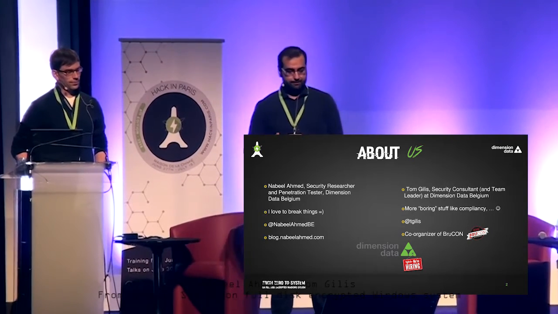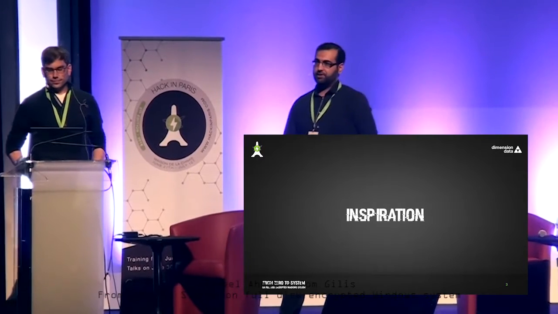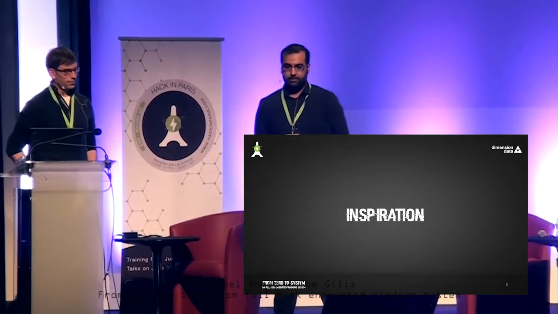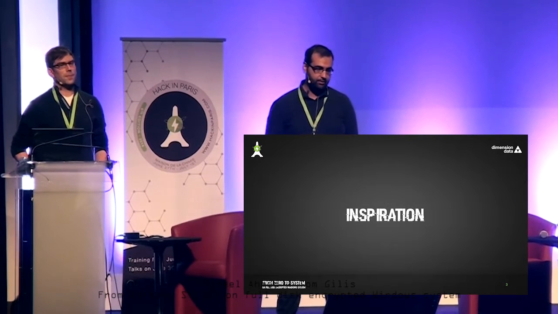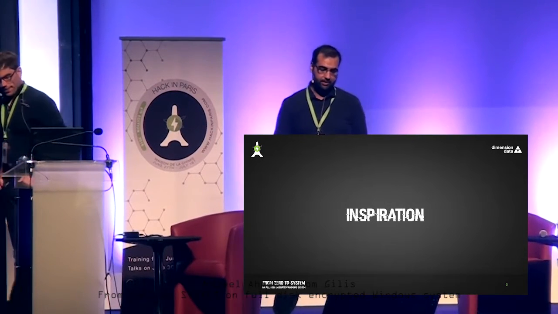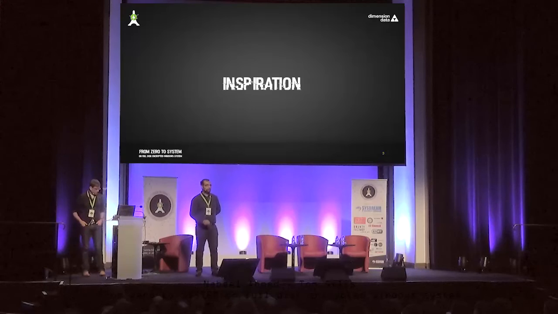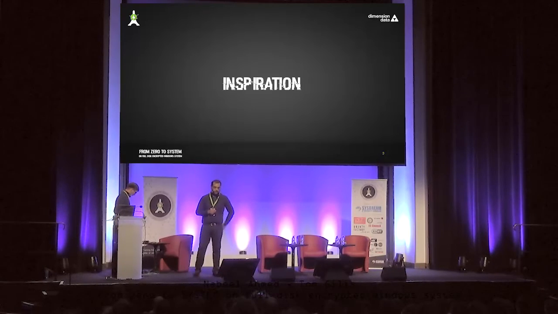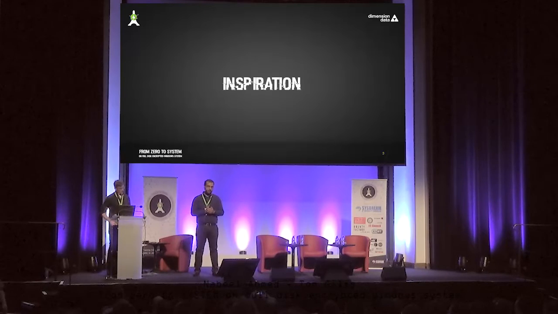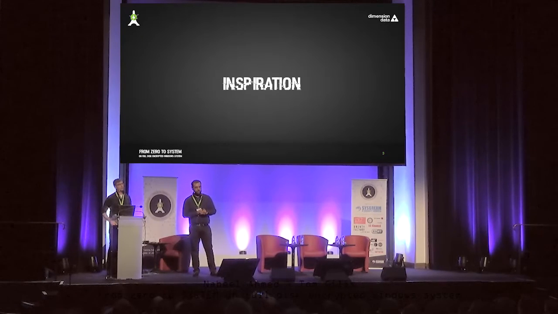So let's get started. First, the inspiration. Why did we actually go into this research and how did we come about doing this talk eventually? In November 2015, there was a talk held by Ian Haken at Black Hat. The title was Bypassing Local Windows Authentication to Defeat Full Disk Encryption.